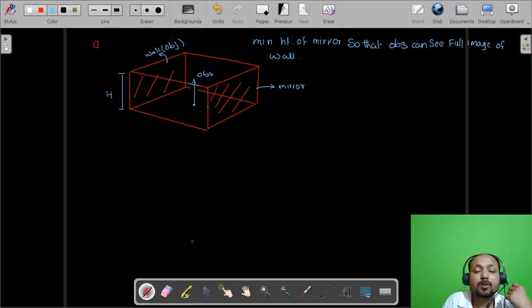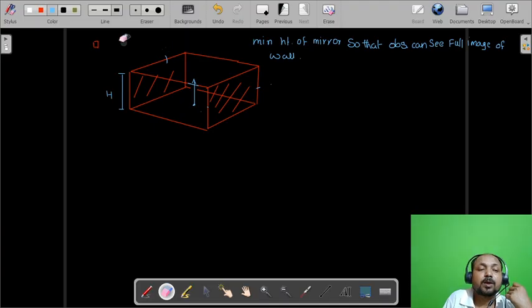Okay, that is the required question. So now let us find out. Just erasing these things, let us draw the ray diagram. Okay, so let me draw the ray diagram here.